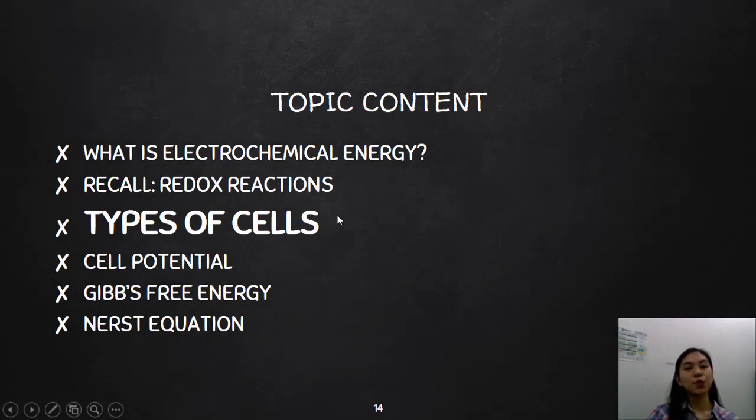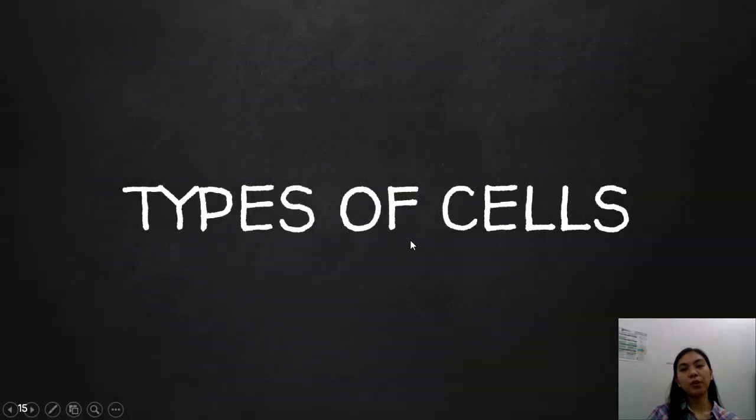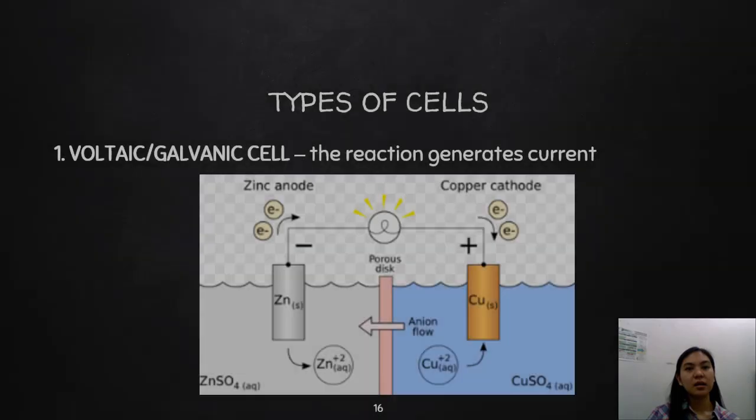Now let's go to the types of cells. For this particular video, we will be covering two: your galvanic or voltaic cell, and your electrochemical cell. But we will focus more on the galvanic or voltaic cell because it is the one more commonly used.